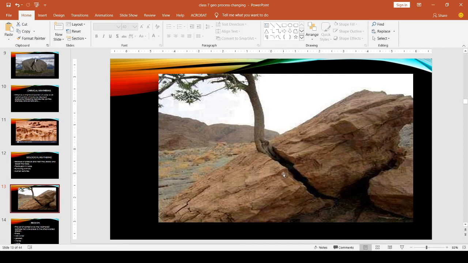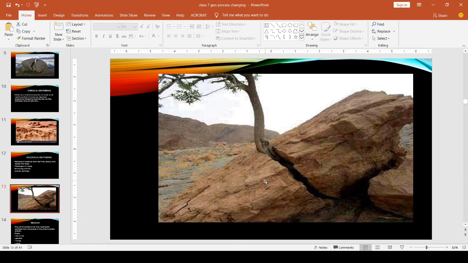Sometimes some animals also enter these holes of the rocks, like rabbits and rats. They also make holes for living. So not only plants but also animals and humans break the rocks into pieces.